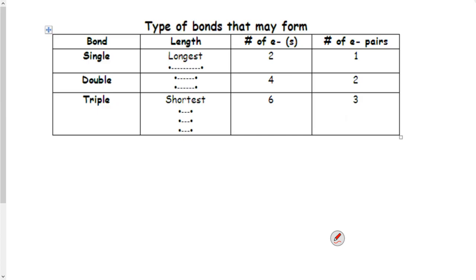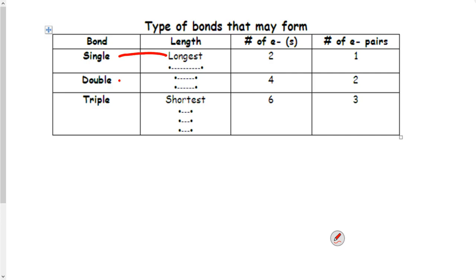With covalent bonds, you will find that we focus also on single, double, and triple bonds, and they will reflect a certain number of electrons, referred to as a certain number of pairs. As we look at the length versus the amount of bonds, you will notice that a single bond is considered the longest.